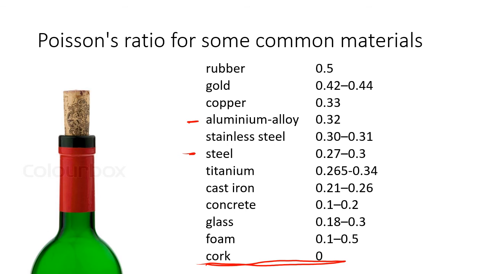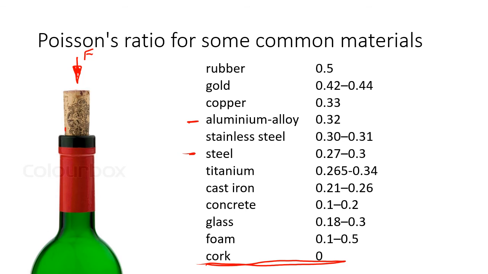And that means then, if we try and put a cork into a bottle, so we put a force on our cork to seal the bottle, to seal our wine in it, when we put that force on there, we will obviously get some change in length of our cork.